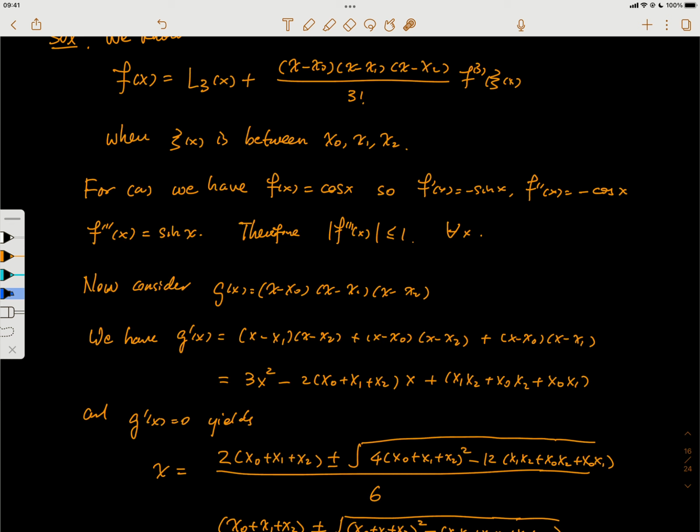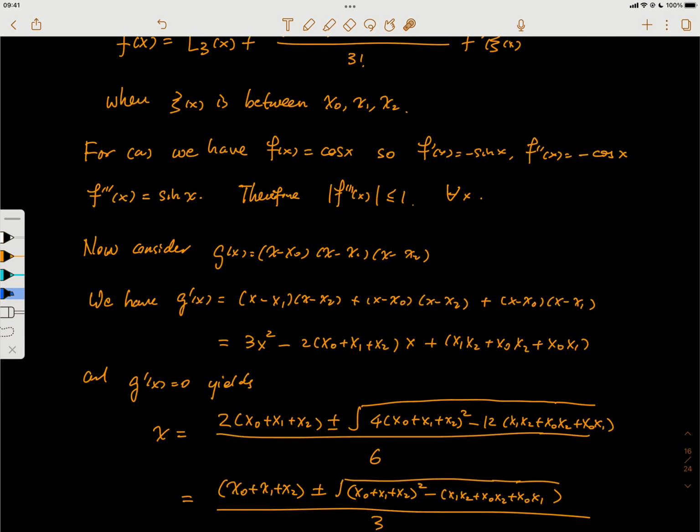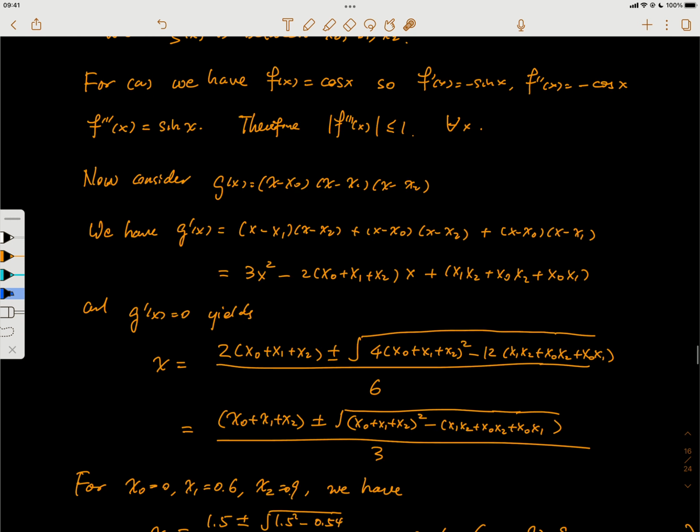So for the g defined in this way, we take the derivative, that's g prime, and then solve this for x. This is just a quadratic function, so we use the formula for the roots of quadratic functions, which gives us this x.